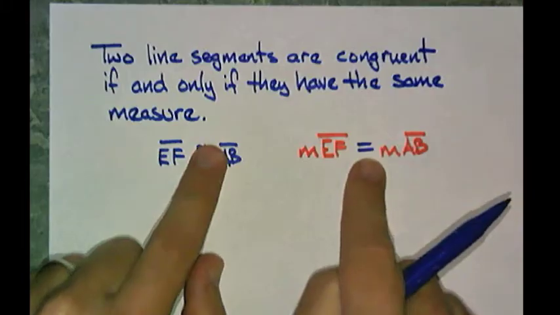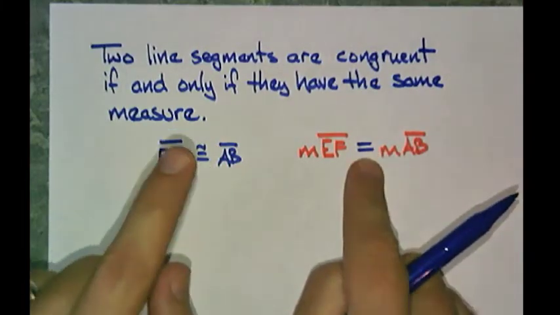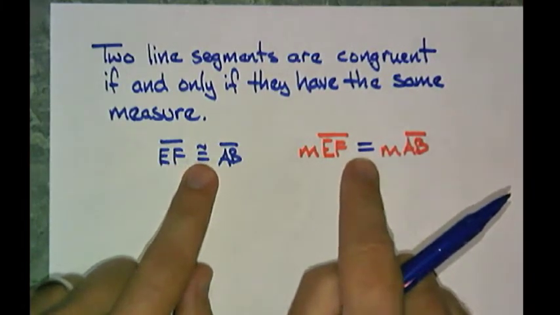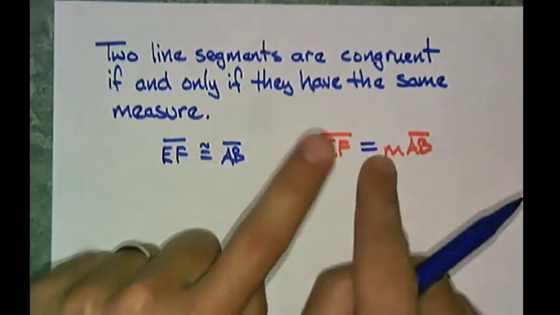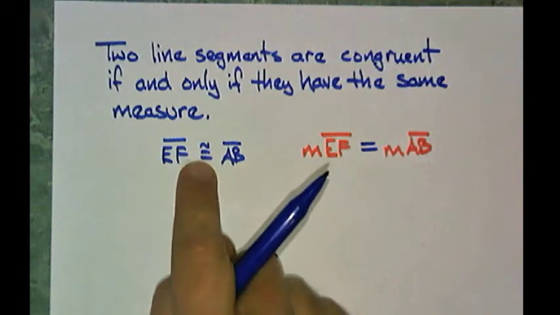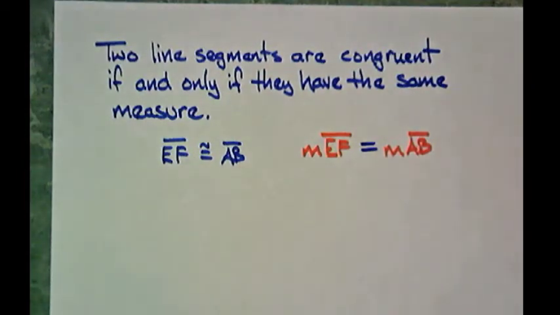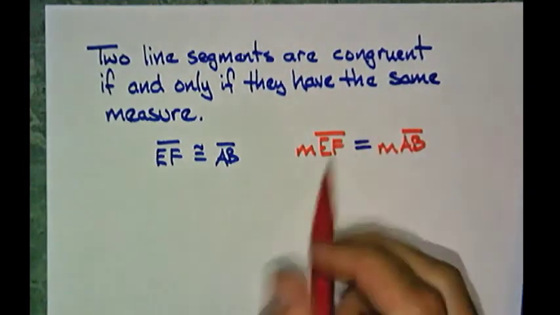That's one of my pet peeves. Equal and congruent are not interchangeable. Don't do it. All right? Measures are for numbers, and congruencies are for shapes and numbers put together. Okay? There's one other way of saying this.